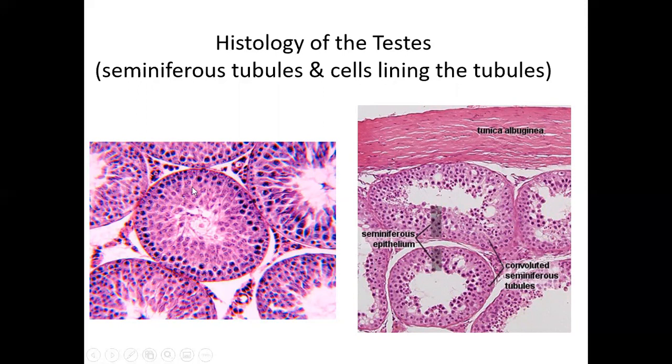This is an individual seminiferous tubule. And you can also see the cells that line the tubule, in different stages. This is the seminiferous epithelium.